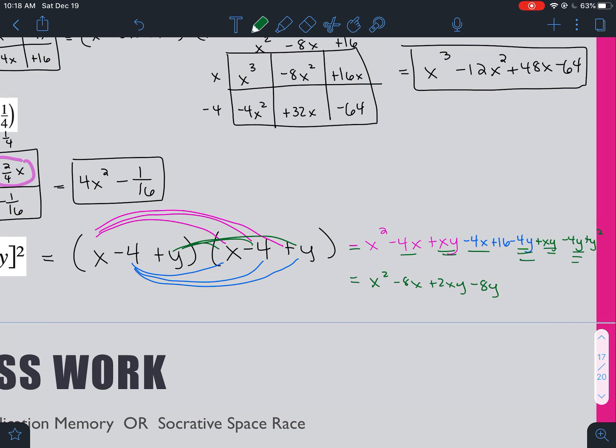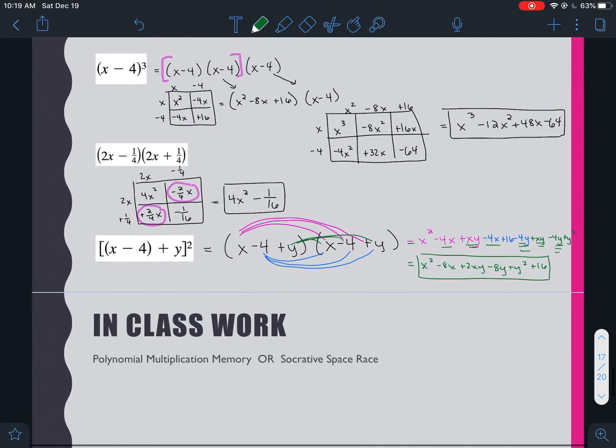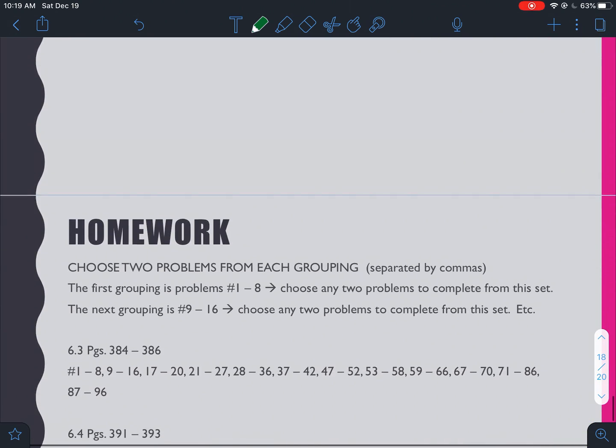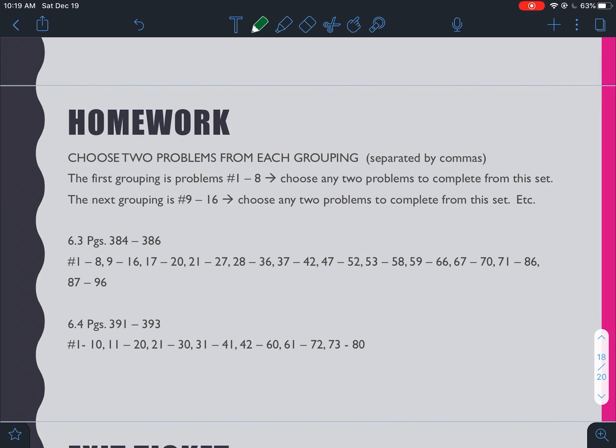Negative 4y and negative 4y make negative 8y. And then we have a 16 and a y squared. So we'll do plus y squared and plus 16. I apologize for my dog. So we should have x squared minus 8x plus 2xy minus 8y plus y squared and plus 16. All right.